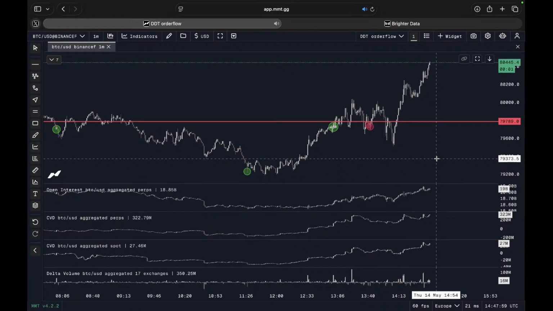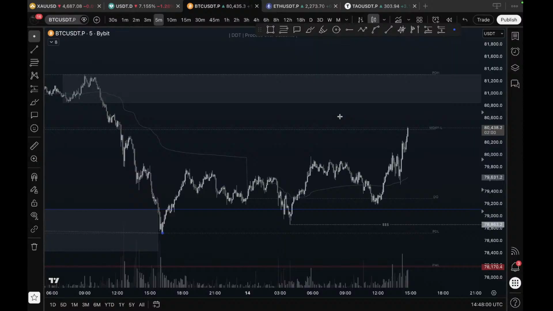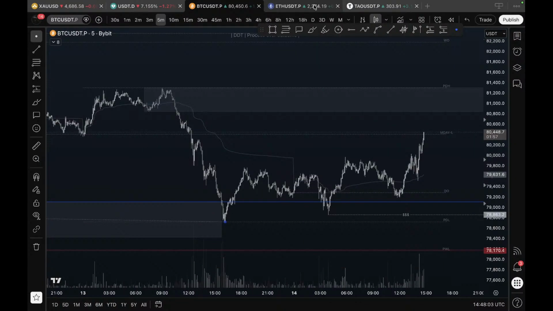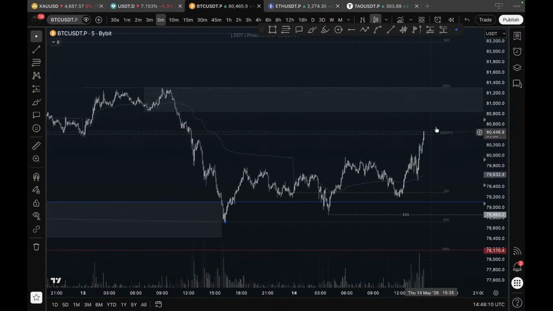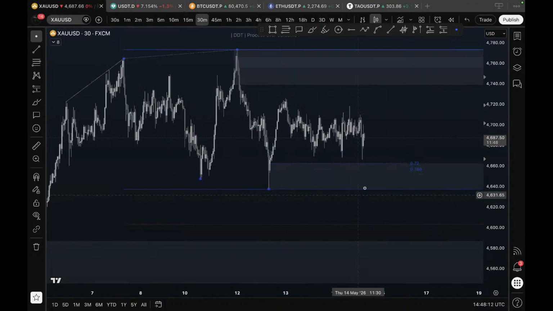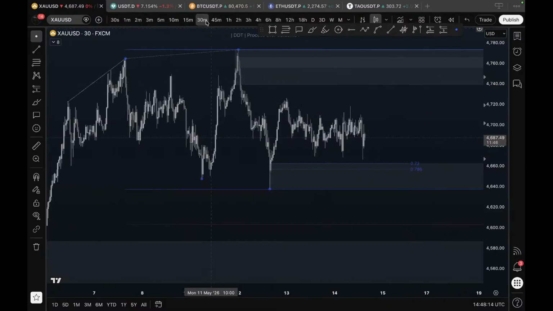All eyes on basically BTC, DAO, hype, maybe ETH, but mainly BTC as always, and gold if it finally starts doing anything.